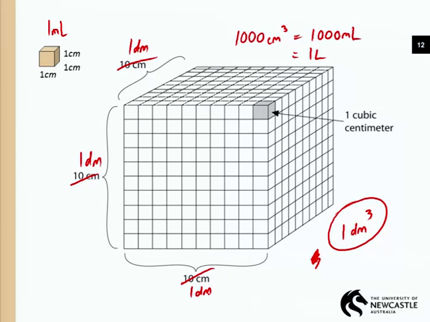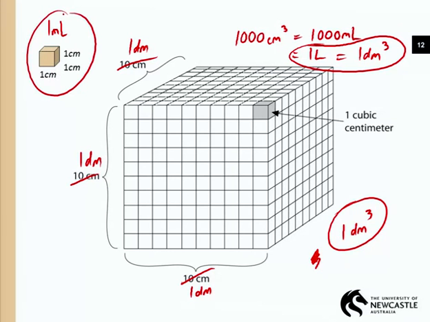If I get 1 decimetre by 1 decimetre by 1 decimetre, I've got 1 decimetre cubed. So 1 decimetre cubed is a litre. You'll see that in a lot of conversion tables. I don't really focus on it because a decimetre might be 10 centimetres, but it's not common to us. The things I memorise are definitely 1 centimetre cubed equals 1 mil.